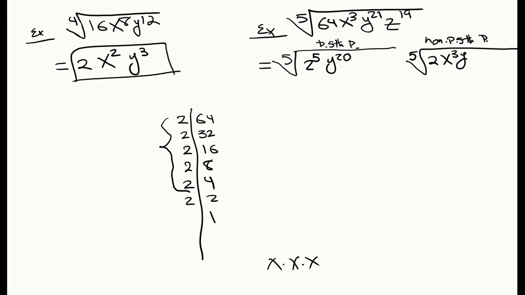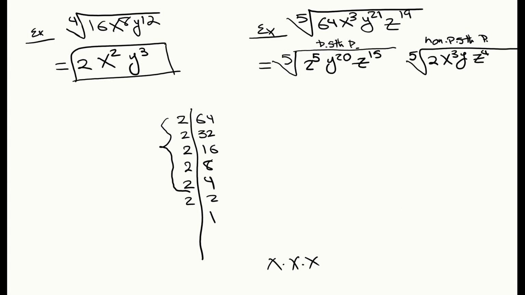Z to the 19, so what is the largest multiple of 5 less than or equal to 19? I think you'll agree that would be 15. So we'll have z to the 15 go in here. And what's left now? Z to the 4.